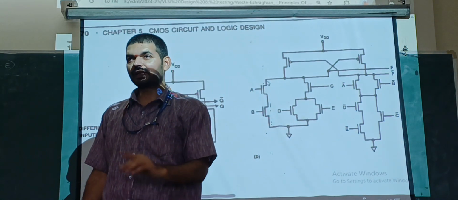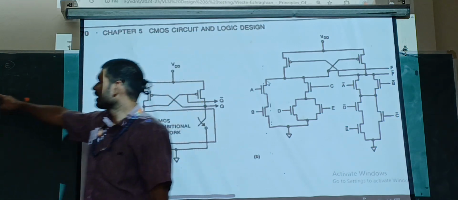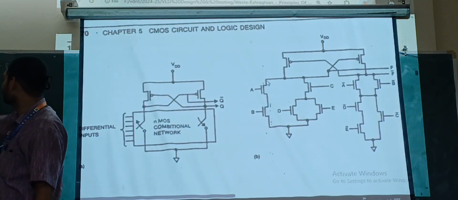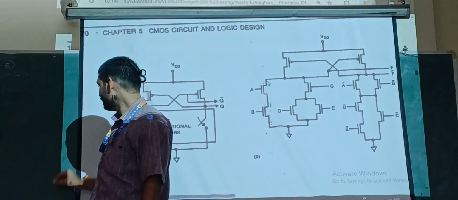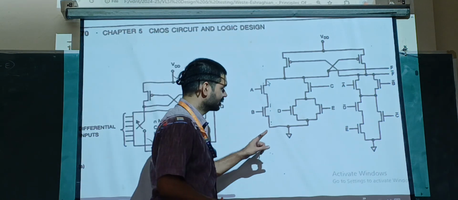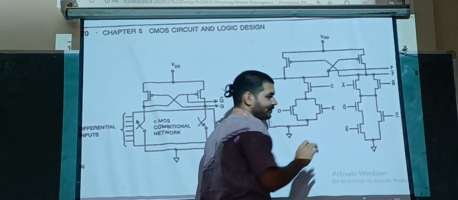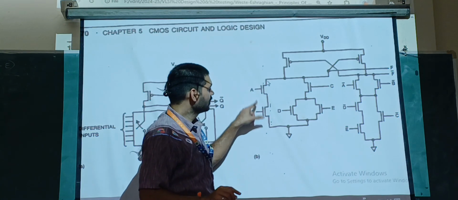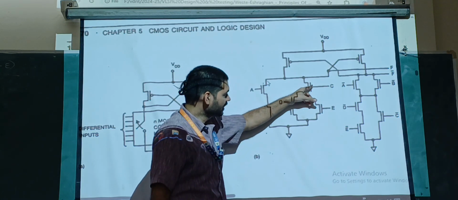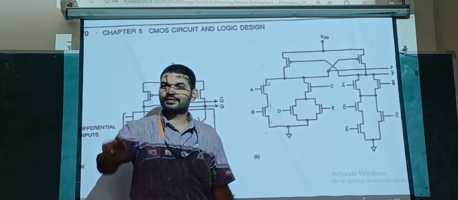Now you will get confused because all 0 inputs give F as 1. How do you know? Actually, our F is the equation: F is AB plus C into D plus E, whole bar.